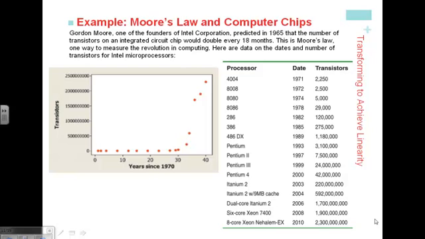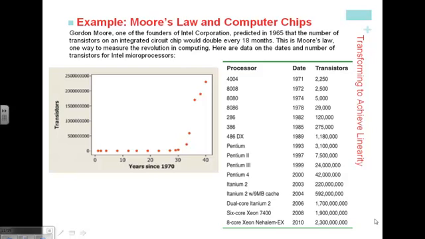Here's the idea that Moore, one of the co-founders of Intel, put forth back in 1965, the year in which I was born. And that is, every 18 months, technology increases so much that the number of transistors found on a computer chip doubles.